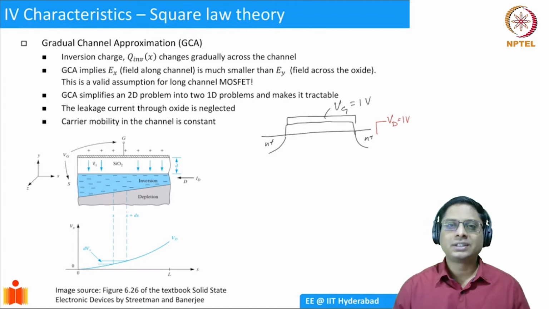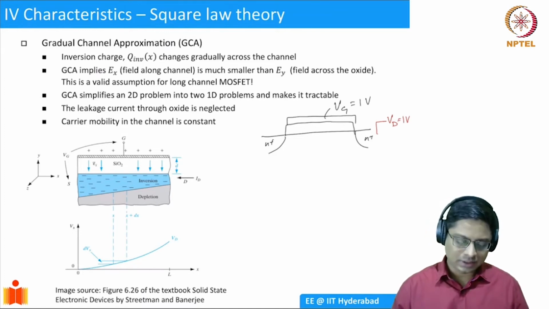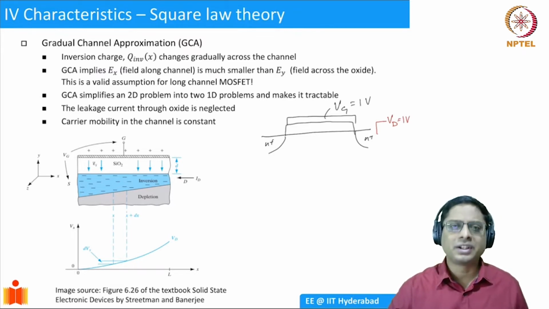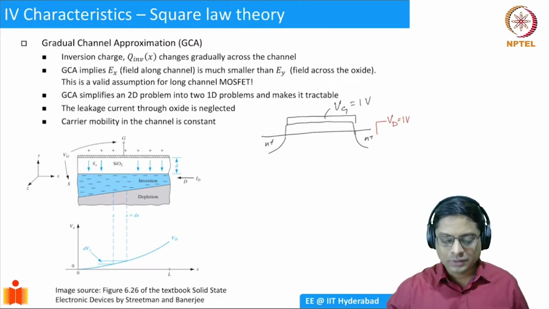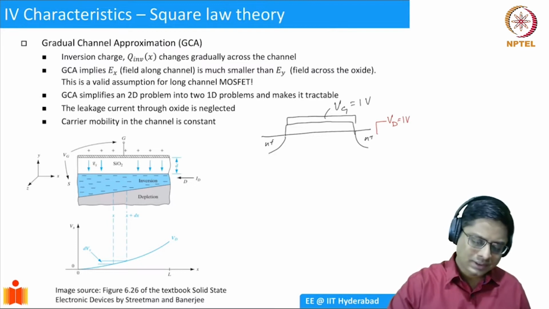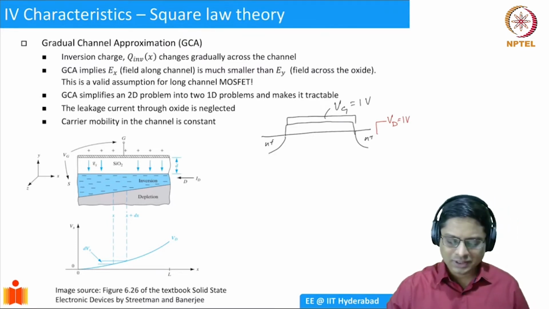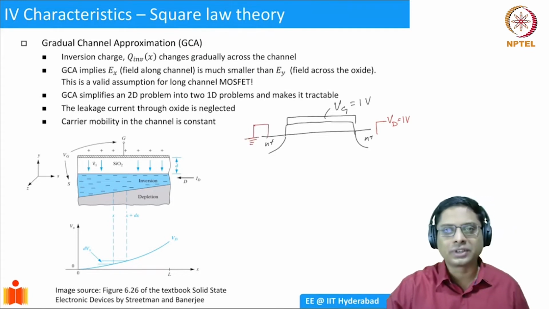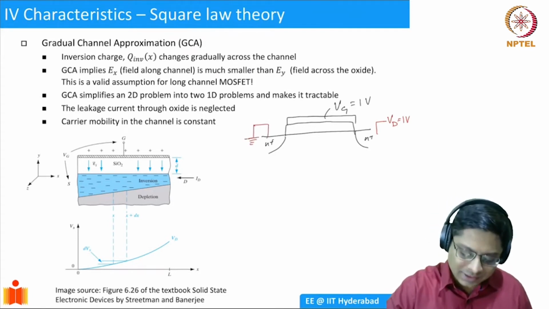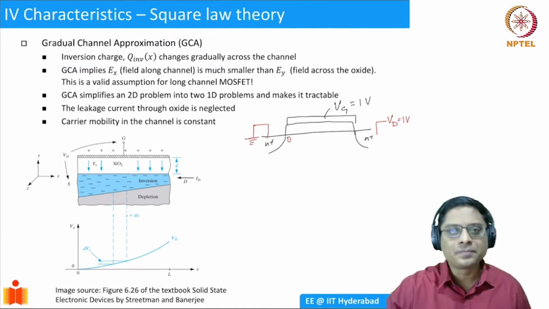What we said in the previous lecture was that as VD increases, it's essentially a piece of semiconductor, so voltage has to drop across it. So how will the voltage drop happen? We know that the source is anyway grounded. So let's say at this edge, my voltage was 0.